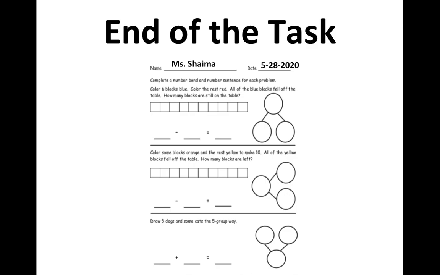However, if you do not have a printer, please copy just the pictures and the number bond and the number sentence and try to solve it. Parents, please make sure you read the instruction to your children. Please do not, I repeat, please do not help them to solve it, because we've been doing this type of question the last few problem sets and this whole module.